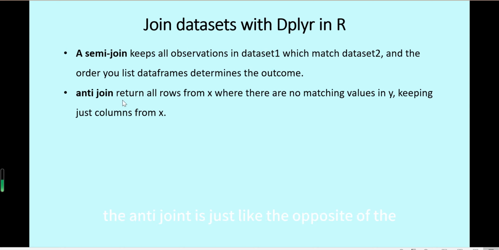And the anti-join is just like the opposite of the semi-join. So if there are no matching IDs in the second data frame, then this ID with its corresponding information will be in the resulting data frame.